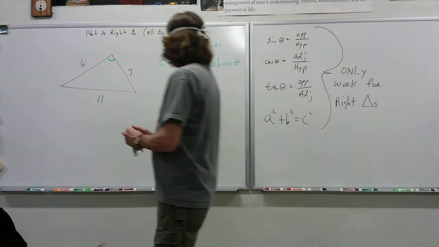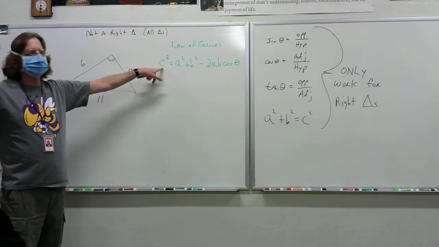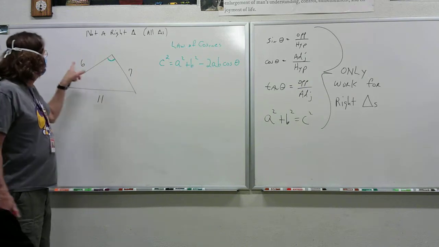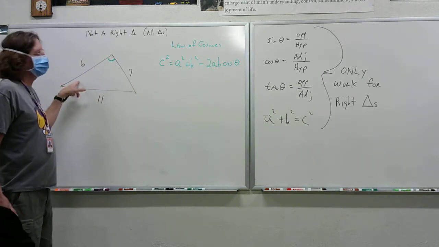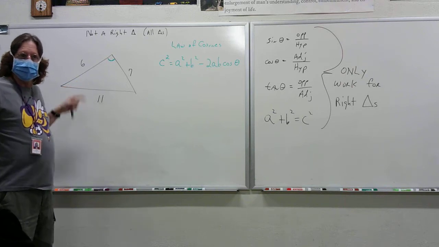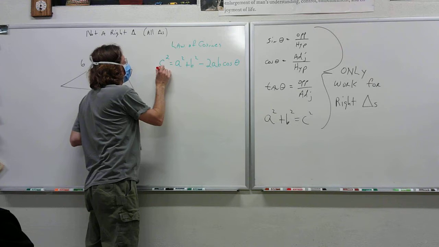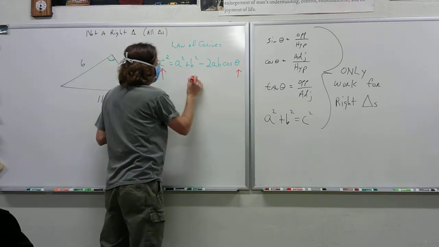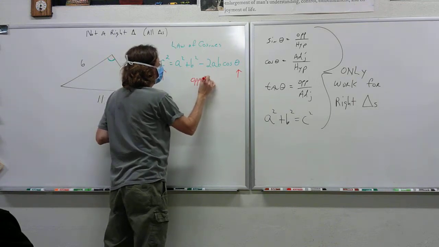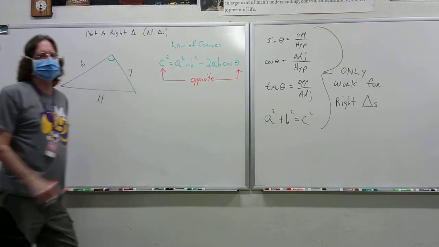And here's why. You can make any one of the sides this C. You could use 6 and find this angle. You could use 7 and find this angle. All right? The catch is this C side, whatever side you pick for that, is always opposite that angle. They have to be opposite each other.